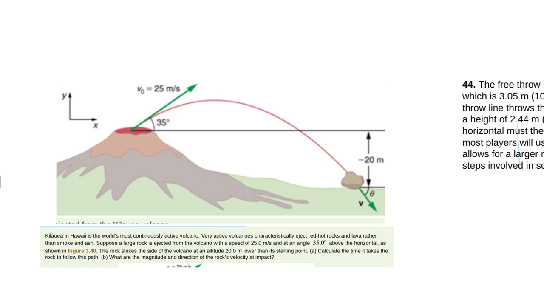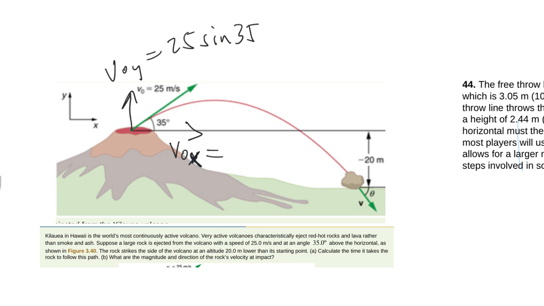Okay, so we got all the pictures there. I'll probably have to find VOX, VOY first. VOY is 25 sine of 35. VOX is 25 cosine of 35. Let's do that quickly.